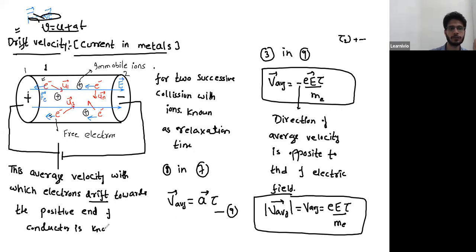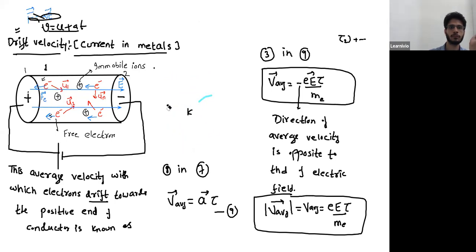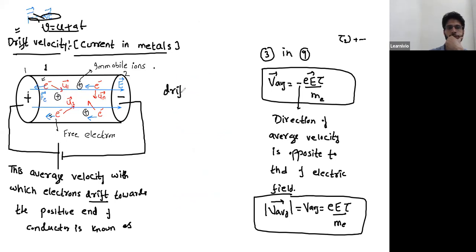This is known as drift velocity. So drift velocity Vd is basically E tau by m.